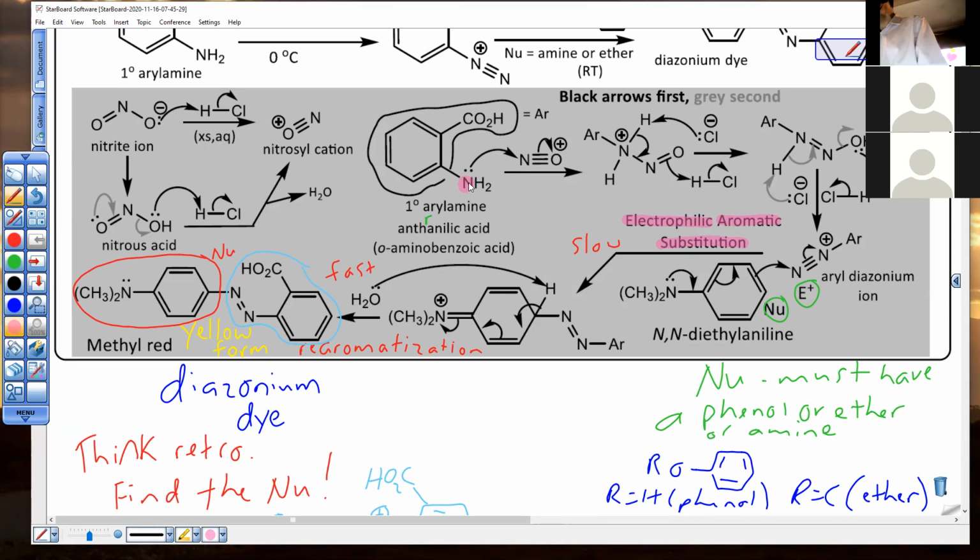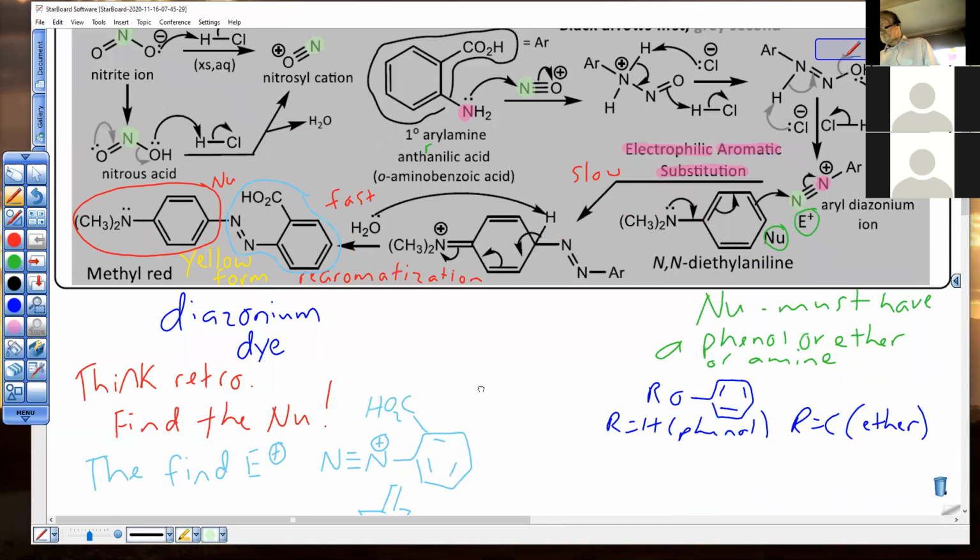This NH2 nitrogen was this one, the one attached to the aromatic ring. Where did this other nitrogen come from? We'll highlight it in a different color. And here we go. This one came from here, which is this one. And there it is all the way through. It's the nitrite ion's nitrogen.